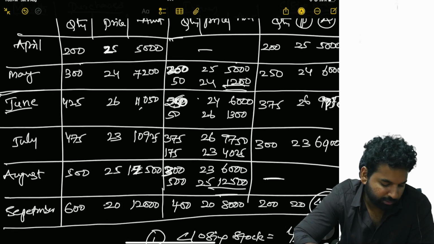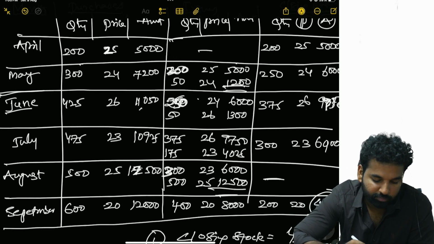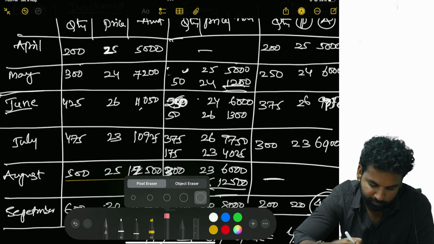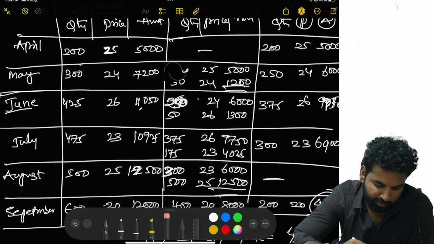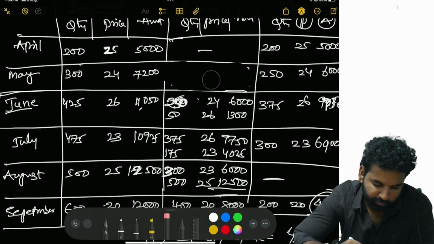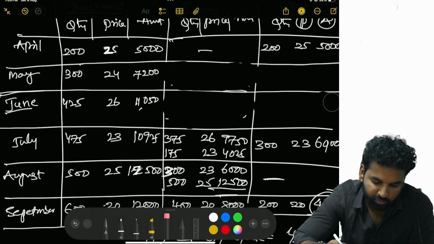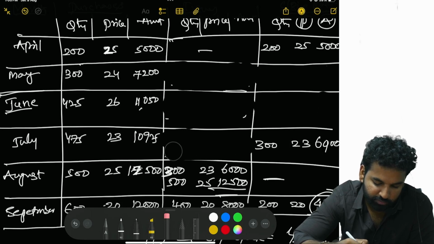Correct? So May month it will change. Both will change, correct? Okay, from this onwards, issues will change, closing will change.